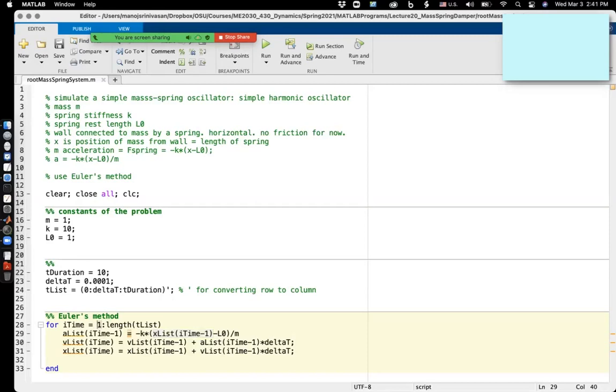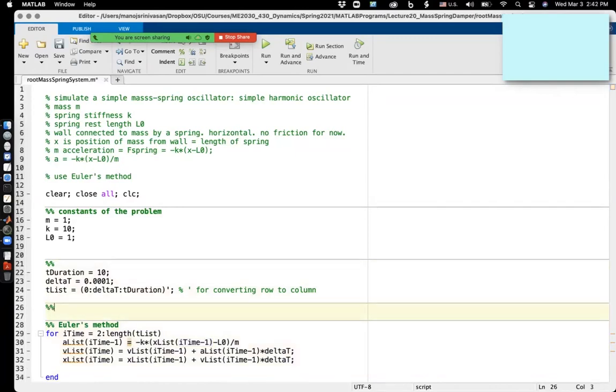So let's make this 2, first of all, so that we are starting from the second element onwards, and i minus 1 for i equals 2 works out. It will be 1, and then x list of 1 will be a well-defined thing. But what is x list of 1? Well, that needs to be provided.